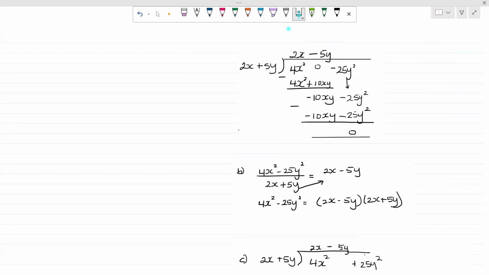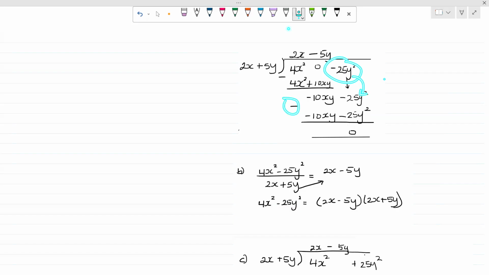Now, when we get this, we're going in, out, and then back in. So negative 5y by 2x is giving us the negative 10xy here. And then negative 5y by positive 5y is giving me a negative 25y squared here. And this is how I could bring this down here now. Now remember, you're taking away, right?